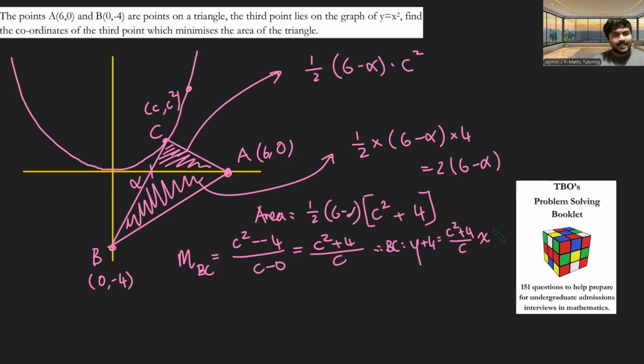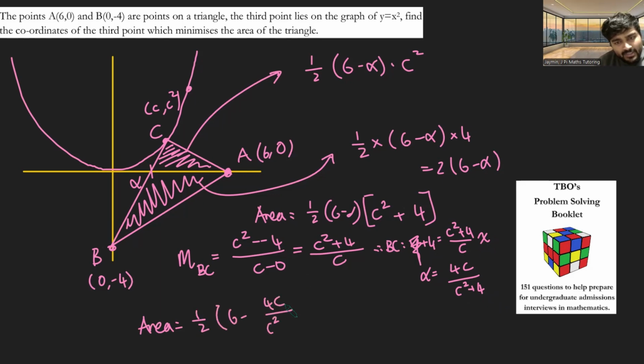How do I use that to find alpha? Well, that's going to be when y is 0. Just plugging in y equals 0 here, that term vanishes, and making x the subject, I get that alpha equals 4c over (c squared plus 4). So if I substitute this in here, the area is going to be a half times (6 minus 4c over (c squared plus 4)), and this is where things get nice, multiplied by (c squared plus 4).